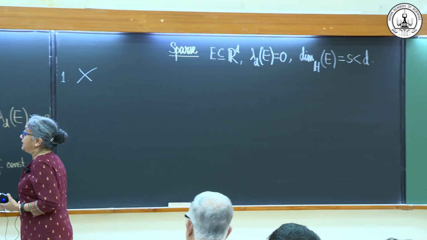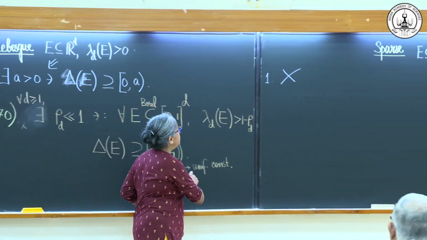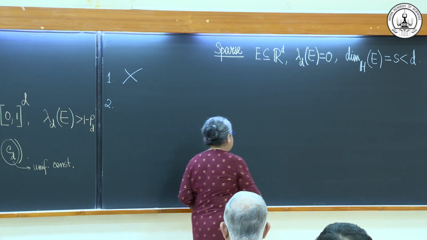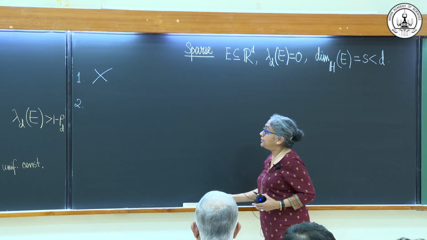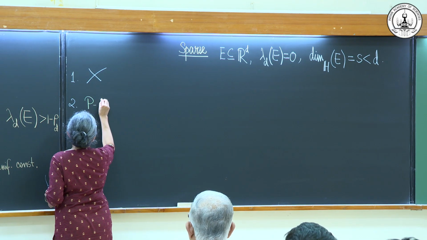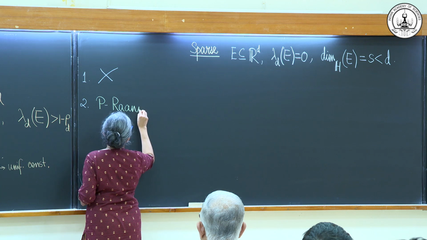Now, what exactly is the sparse version of such a uniformity statement? And that's what brings me to this result. The first result in this direction was our joint work with Rani, who's in the audience.